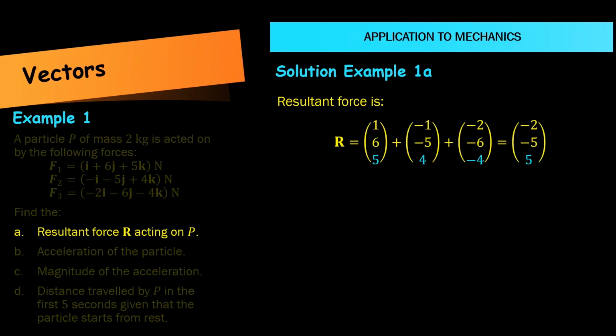And 5 plus 4 minus 4 equals 5. And so our resultant force is minus 2, minus 5, 5. We can convert this back to ijk notation. So we have that R equals minus 2i minus 5j plus 5k newtons.